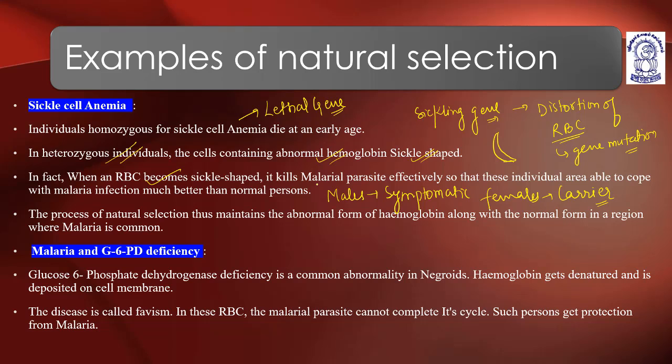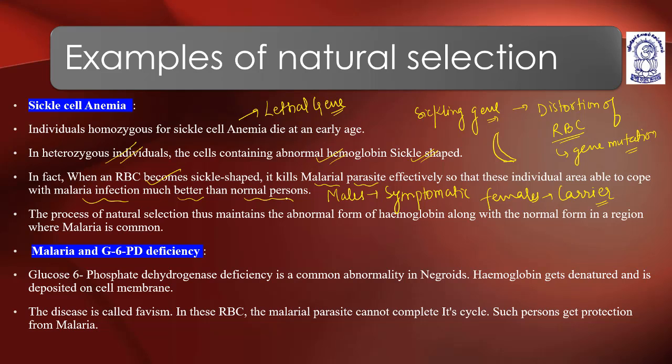And as the life cycle is disturbed, it cannot withdraw the nutrients because the hemoglobin content is less, and that is why the malarial parasite dies effectively. So these individuals are able to cope with malarial infection much better than the normal person. Carrying the sickle cell RBC, they got a survival advantage against malaria.